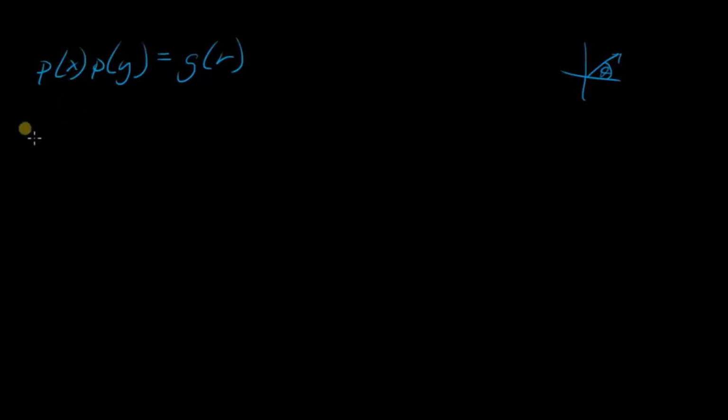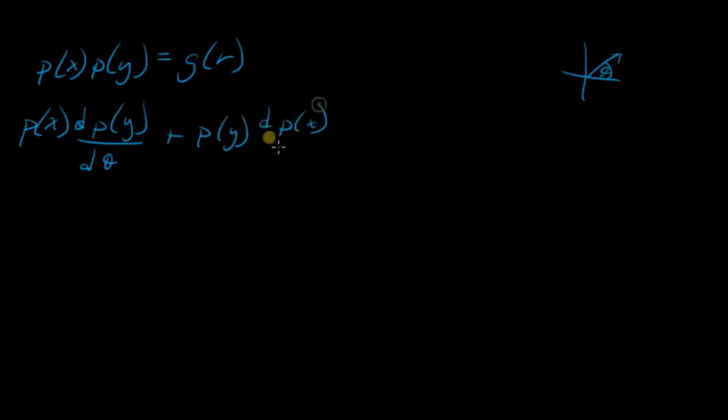So we're going to use the product rule here, and so we're going to leave that alone, and then we're going to have a change in the y function over a change in theta. Now we're going to leave the y function alone, and we're going to have a change in probability of x with regard to theta. And if you think about it, if theta changes, it does affect the length of x and y.